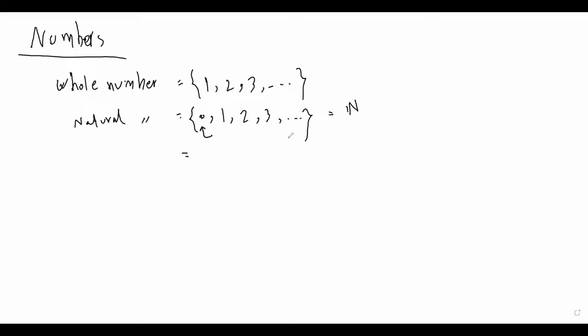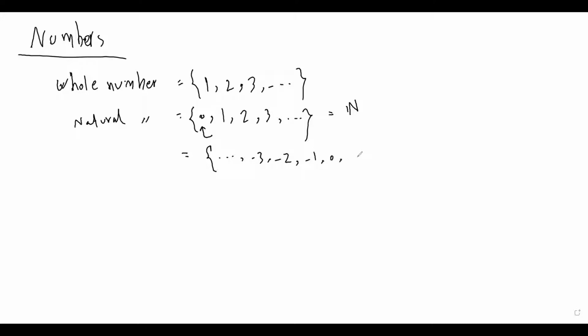And something is missing here. For example, during the winter, the temperature in my hometown drops to negative 10 degrees Celsius. So we don't have any negative numbers here. So if I go ahead and include all the negative numbers from infinity, but they should be whole numbers, guys.